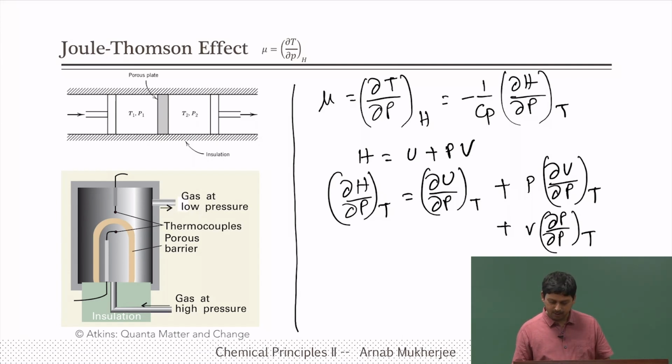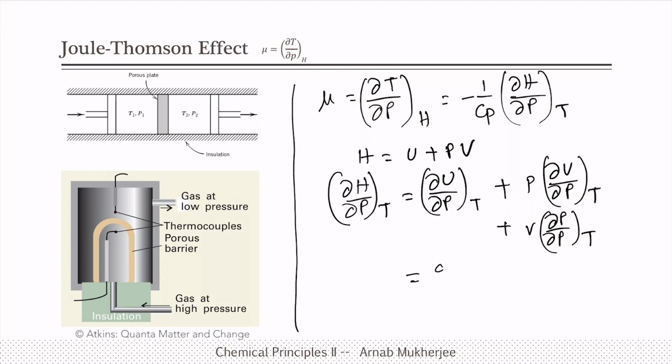So, I can write that as V. So, del U by del P T plus P del V by del P T plus V.